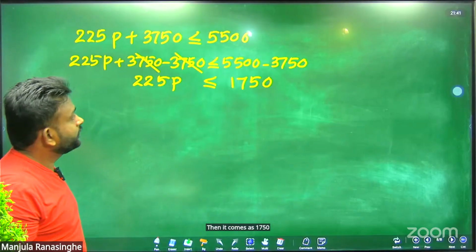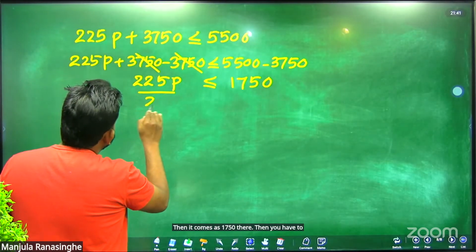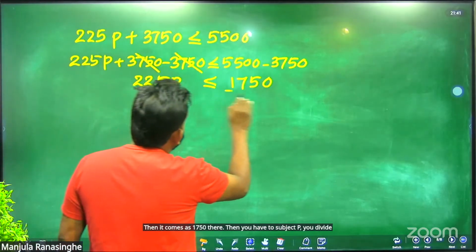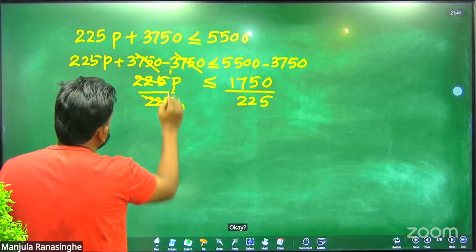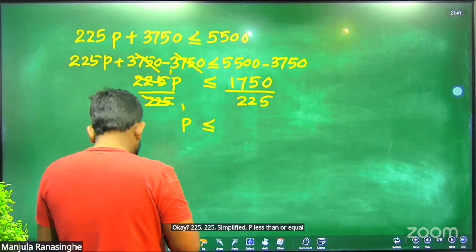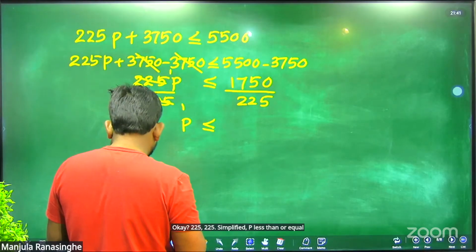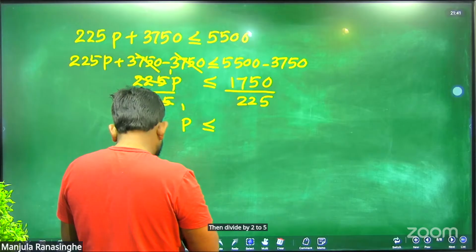Then to make P the subject, you divide by 225 on both sides. P less than or equal to 1750 divided by 225.